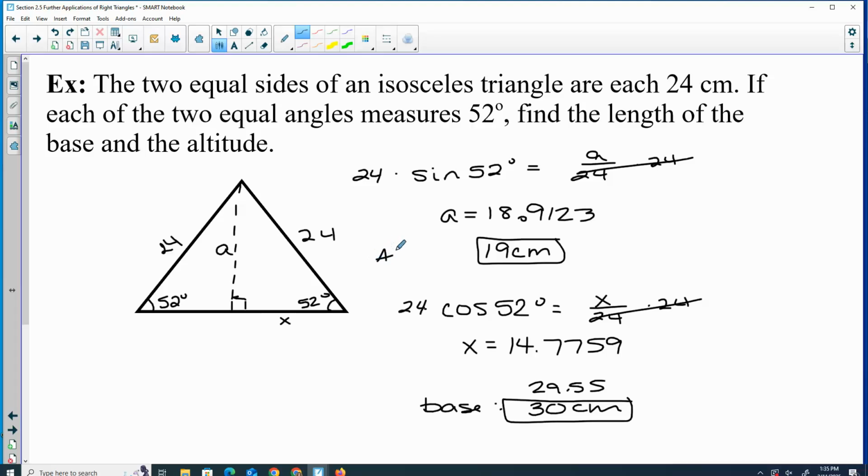So my altitude, or my height, was 19 centimeters. The base was 30 centimeters. Any questions there?